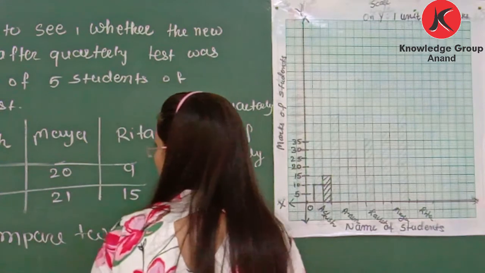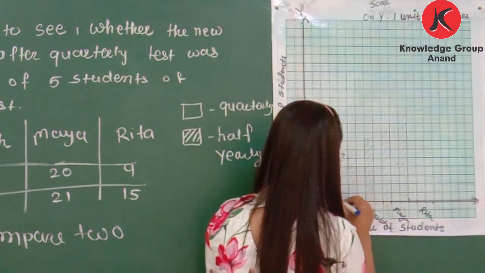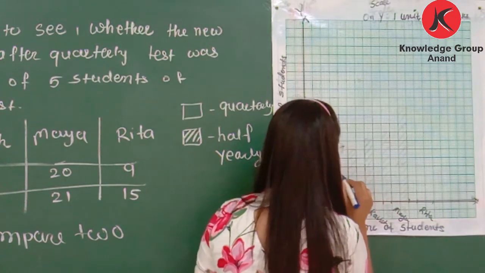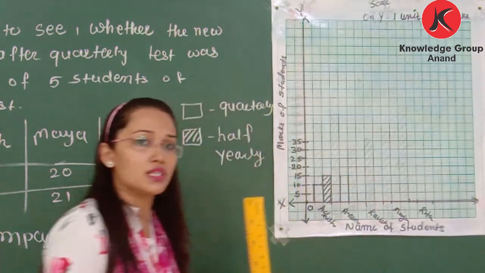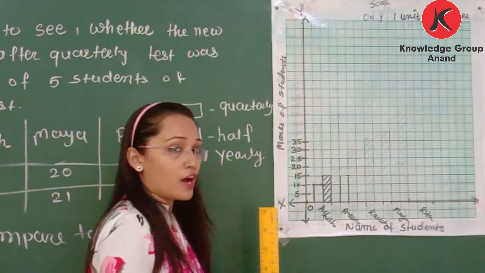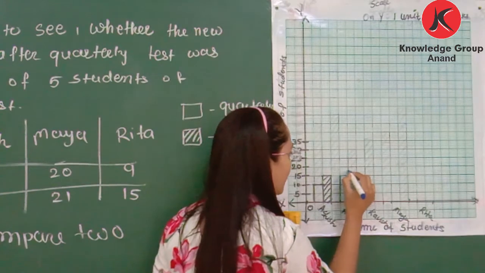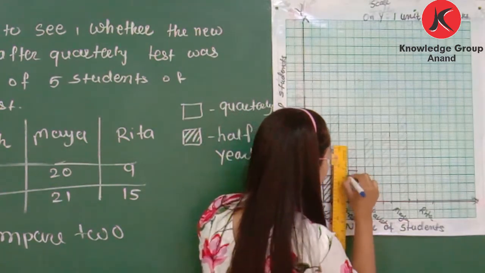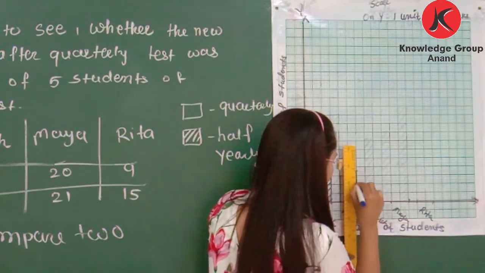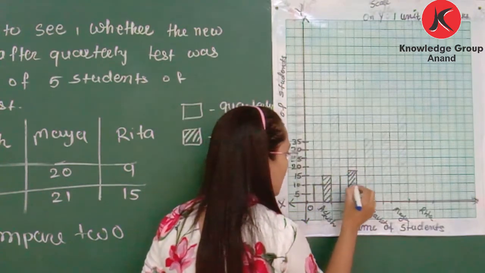Now Arun scored 15 marks in quarterly. So let's draw marks for Arun. So this is quarterly, means we represent it with a simple bar, and 18 marks for half yearly. So after 15 we need to count 16, 17 and 18. So these are the marks Arun scored in half yearly. So this is the half yearly score.